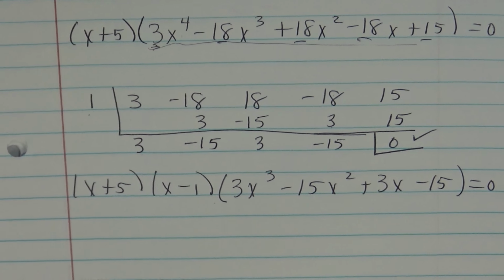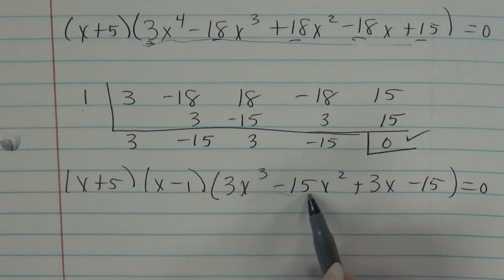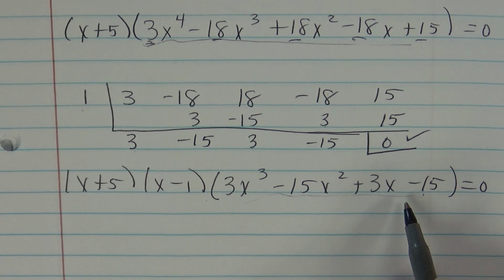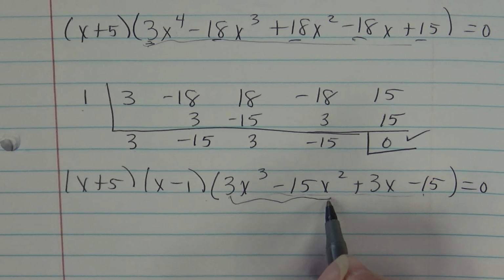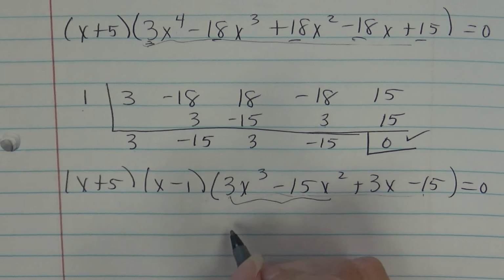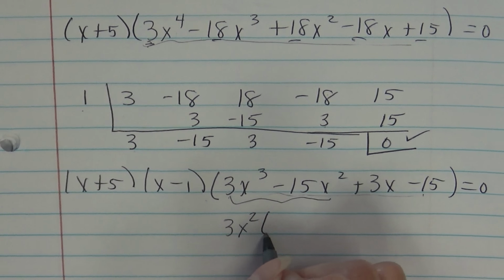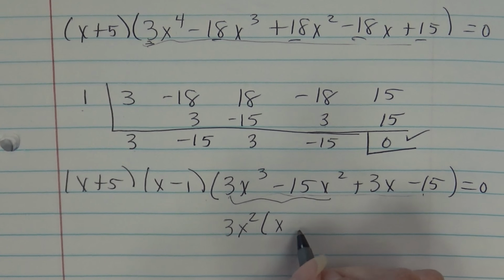Now I notice I've got 4 terms, so maybe I can get this to factor by grouping. Looking at the first 2 terms, I've got a common factor of 3x squared. That leaves x minus 5.